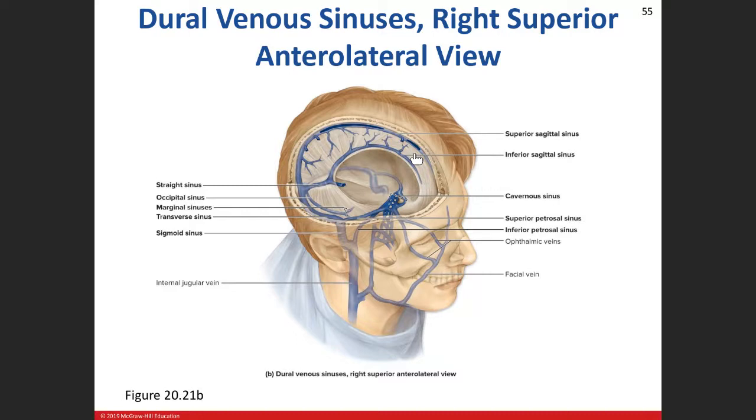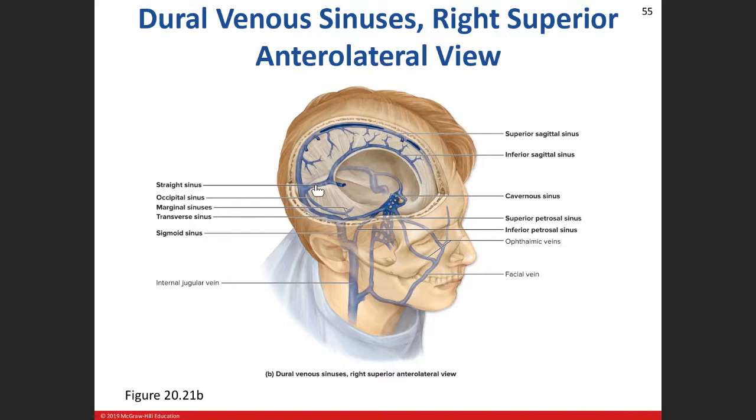Falx cerebri. I can't believe it took me a second there. The falx cerebri is the name of this dural septa here. That's just dense connective tissue. Where it's separated above, that's the superior sagittal sinus. Where it separates down at the bottom, that's the inferior sagittal sinus.